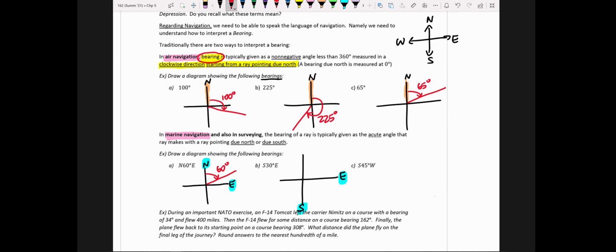So for southeast, we start the south line and travel 30 degrees towards the east line. Okay, and then southwest. We start at the south line and we travel 45 degrees towards the west. So start south, travel 45 degrees towards the west line.